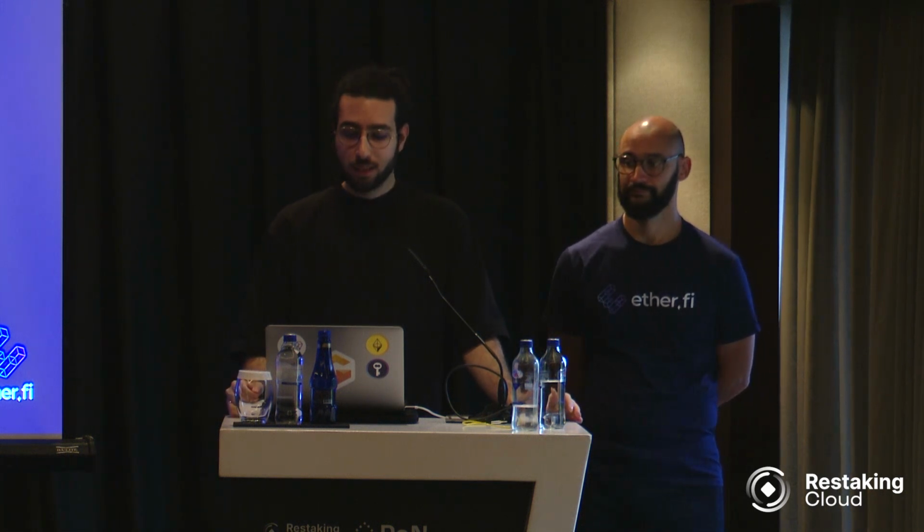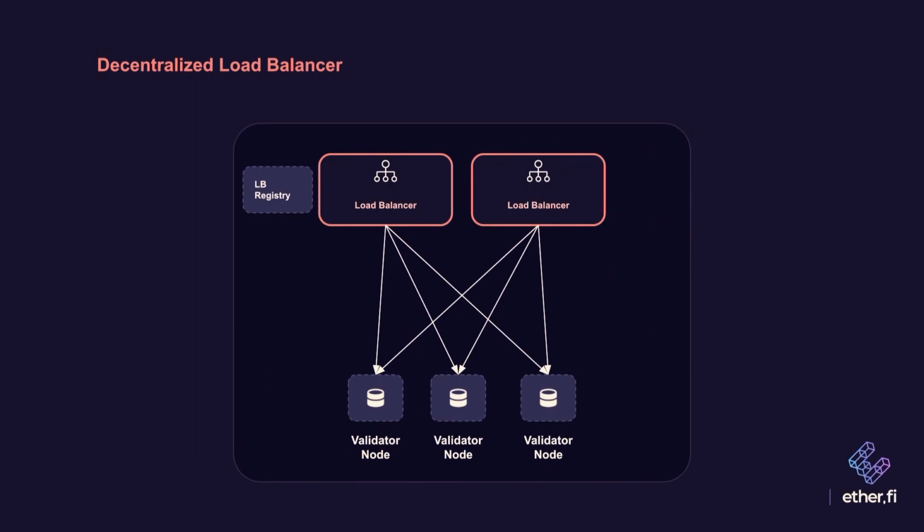Now, the second part that I talked about, decentralizing the load balancers, is a little bit more difficult, because in this system, the validators or the node operators are actually the ones with the stake, obviously. So they are restaking and they are providing the extra services to earn money. Who are the load balancers?